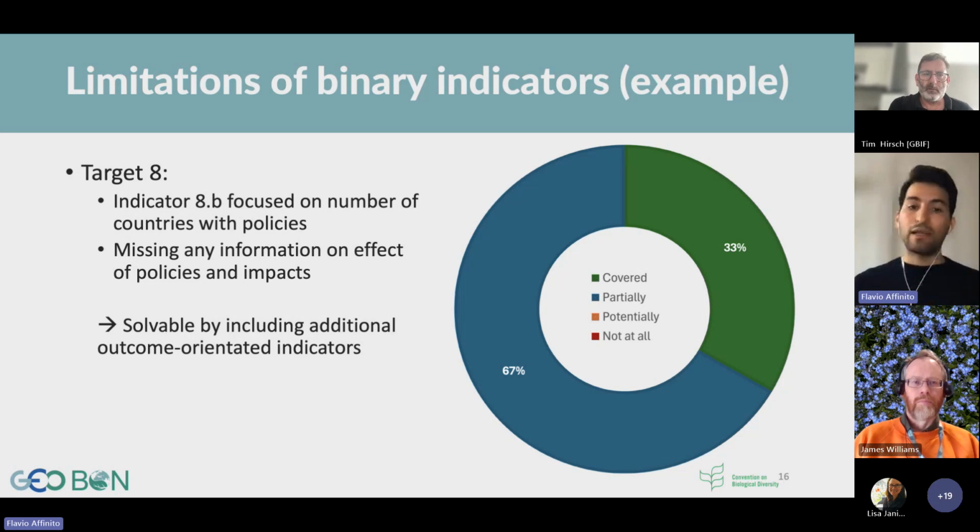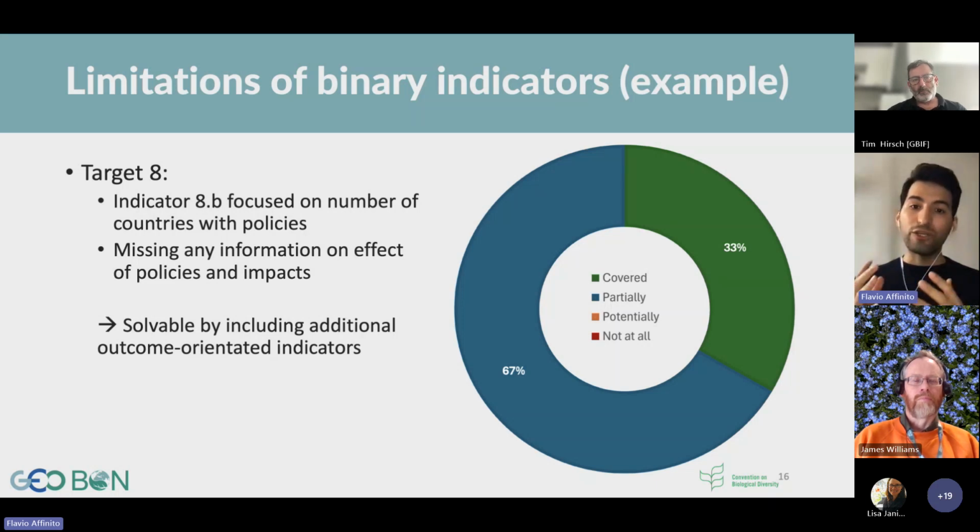But all of the other elements in target 8 that are asking for results of these actions are only partially informed, because we expect that by taking action we would see results, but we don't actually have a measure of those results by using only a binary indicator. For target 8, but there's a range of other targets like this. There's targets 14, 16, 20, 17, and 22 and 23 that only have a binary indicator.